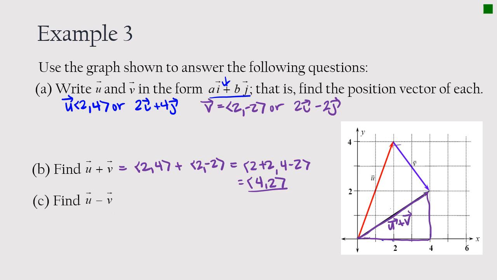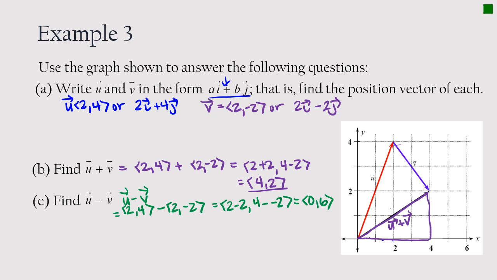Same thing when we go to subtract these. I'm going to use a different color. So this would be U minus V, which gives us, so the vector U is 2, 4. We're going to subtract 2, negative 2. So that would give us 2 minus 2 for the horizontal component, and then 4 minus a negative 2 for the vertical component, which gives us 0, 6.